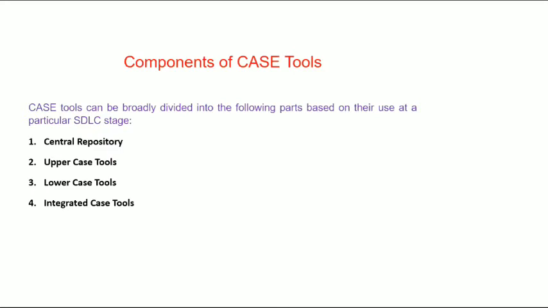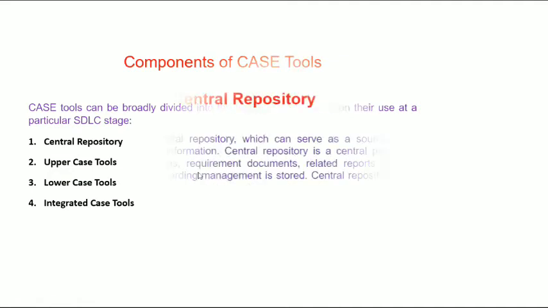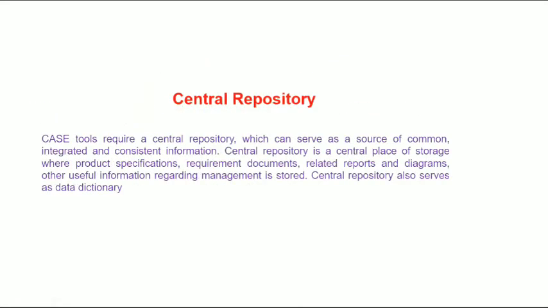Now going into the next thing, what are the components of case tools? These case tools can be broadly divided into 4 different types based on the various phases in your SDLCs. Your SDLC can be broken into 2 or 3 parts, and a group of SDLC phases can be taken over by one of the tools. Let us start with the very first one, the central repository. Whenever you hear the word repository, it means an area of storage, a place where you store something.